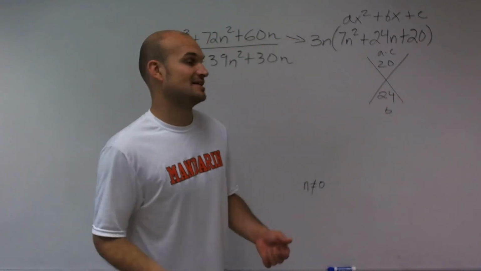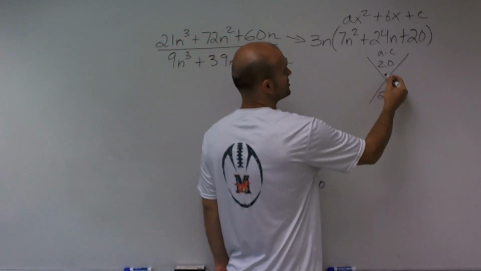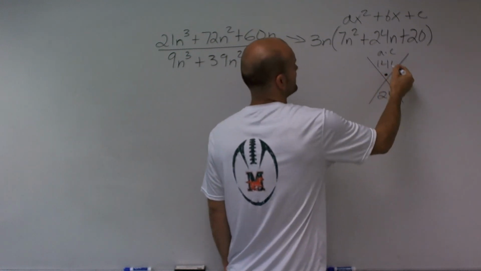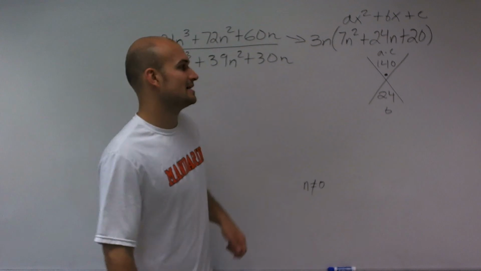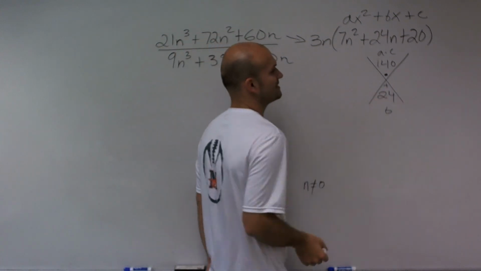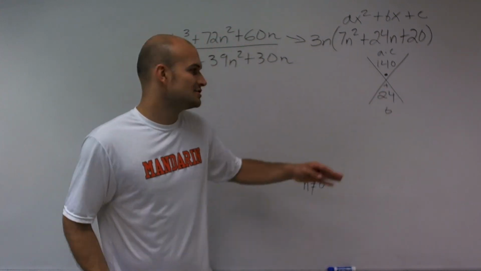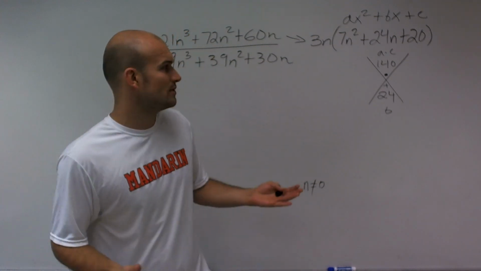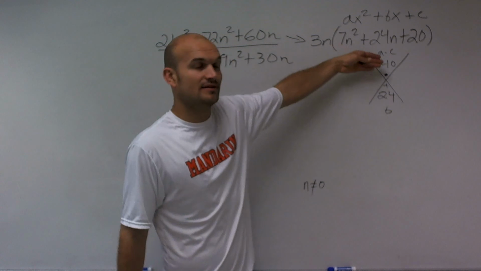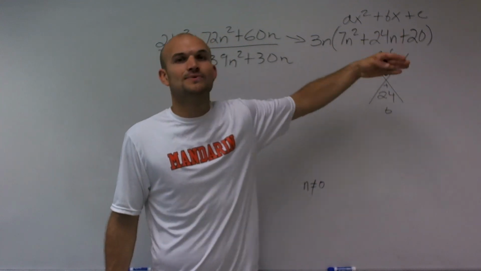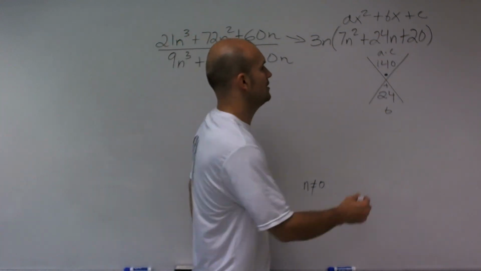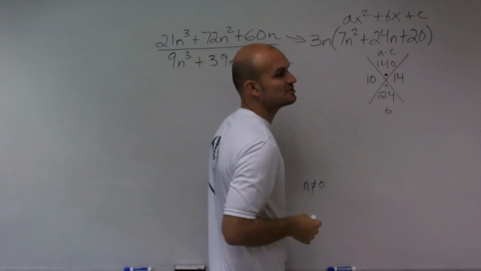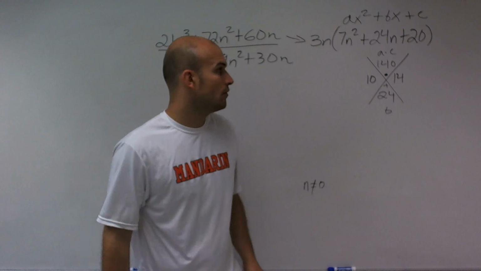To help me factor this, I can ask what two numbers multiply to give me 140 but add to give me 24. Think of the factors of 140, but which ones add up to 24? Well, your answer could be 10 and 14, because 10 times 14 is 140, and they add up to 24.